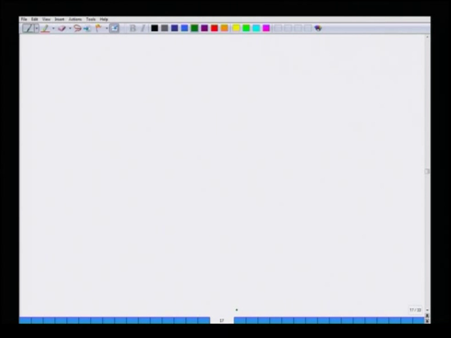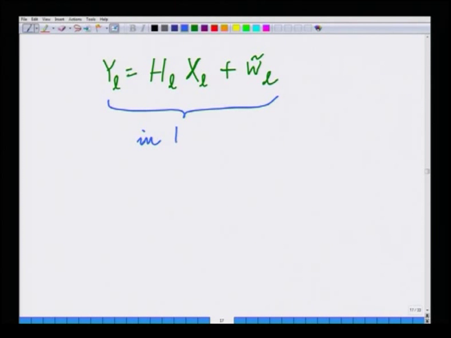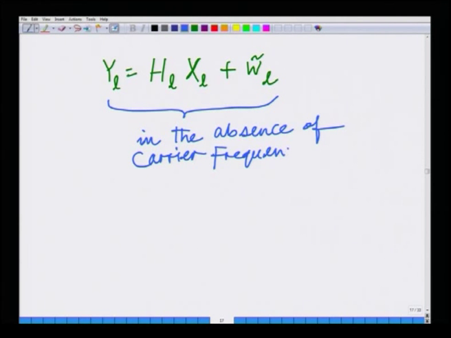Hence, what we can write is, in the absence of carrier frequency offset, Y_L equals H_L times X_L plus W̃_L. Remember, this is in the absence of any offset in the carrier. This is in fact the original OFDM system.